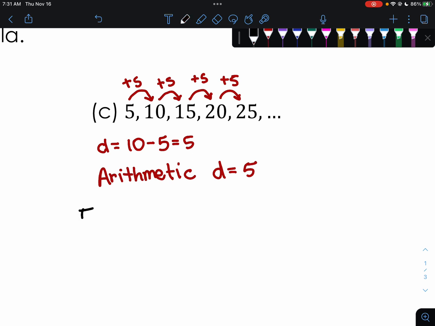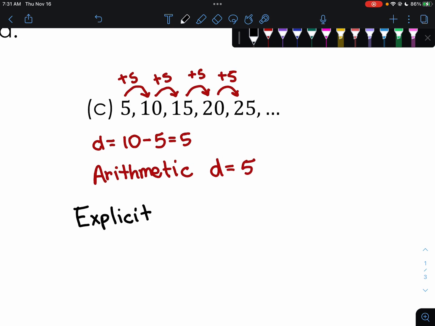When we go to write the explicit formula, that's what we did in class yesterday. We have a sub n equals our first term, which is 5, plus our common difference, which is also 5, times n minus 1.